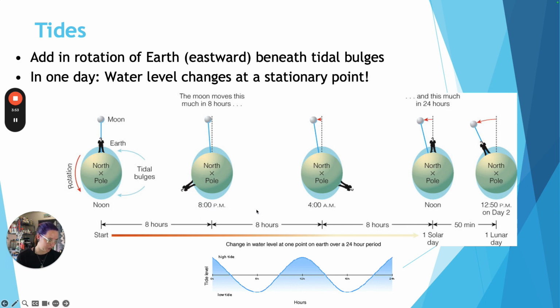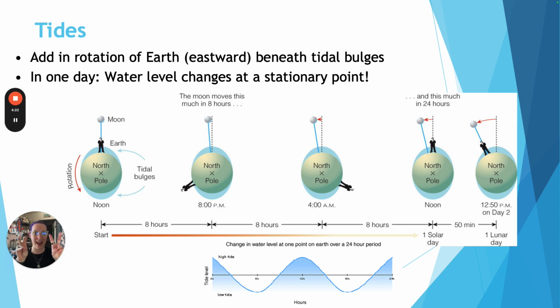And then this person travels around the Earth again, another 8-hour turn, and goes through a high tide period, and then is back at low tide about 8 hours later. And then that person will continue until they get back to their starting point 24 hours later, which is one solar day.